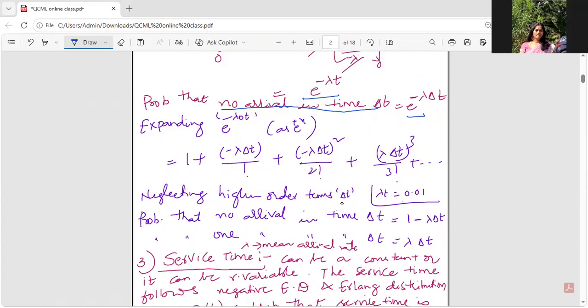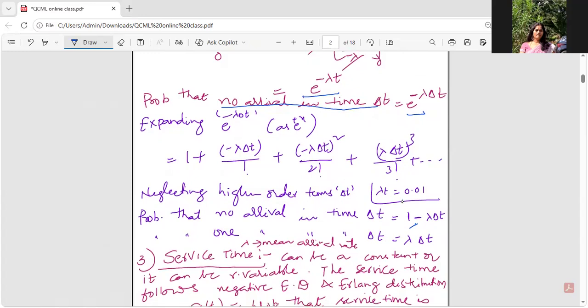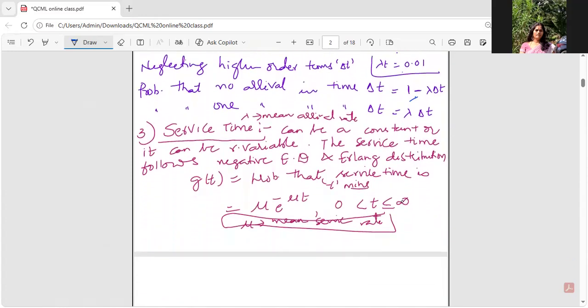Hence, neglecting higher order terms of delta t, the probability that there is no arrival in small delta t is 1 minus lambda delta t. The probability that there is one arrival in time delta t is lambda delta t.